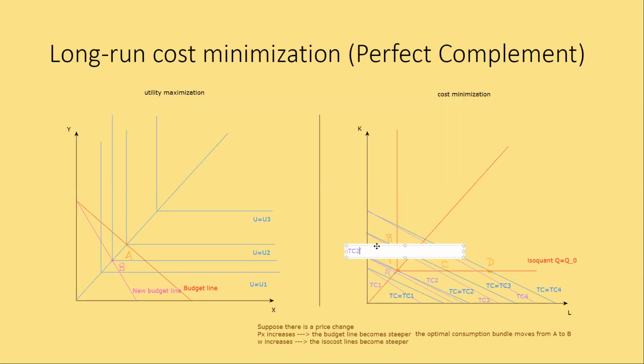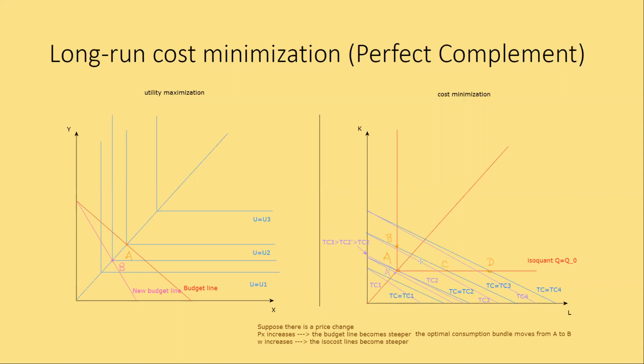It is going to be smaller than TC3 and larger than TC2. It is this very specific iso-cost line. So now the new optimal input choice is still point A.